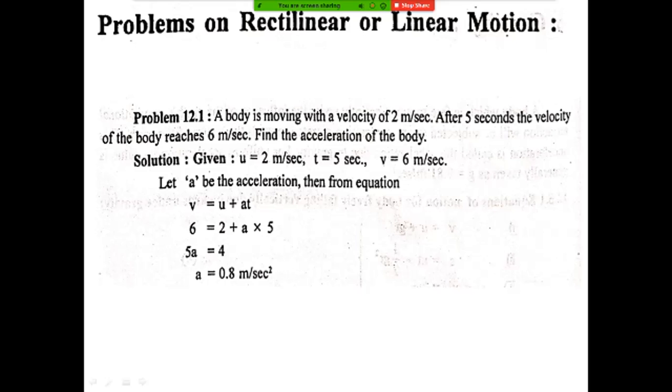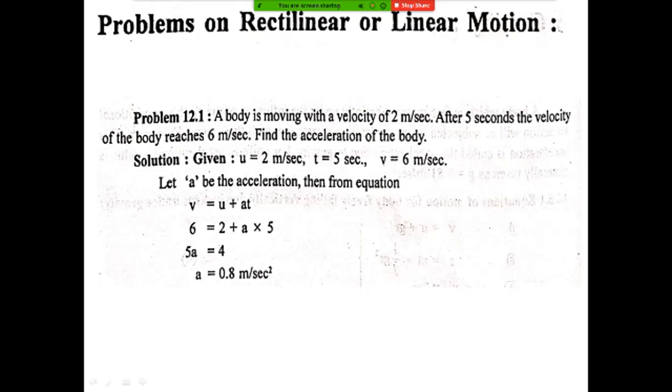What I have to find is the acceleration a. For that, I have the equation of rectilinear motion, v equals u plus at, that is, final velocity equals initial velocity plus acceleration multiplied by time in seconds.